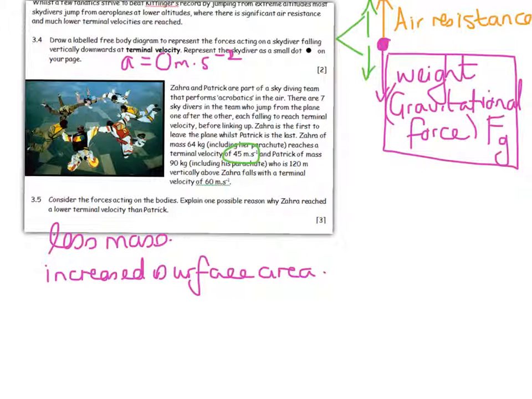Or you could have said she increased her surface area, which isn't enough. You then need to say, which means that air resistance would be greater and it would be quicker to reach a terminal velocity, and therefore it would be a lower value of terminal velocity. In each case, you need to actually explain your answer.